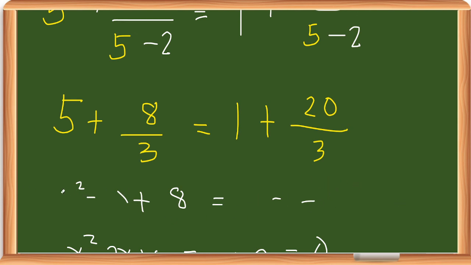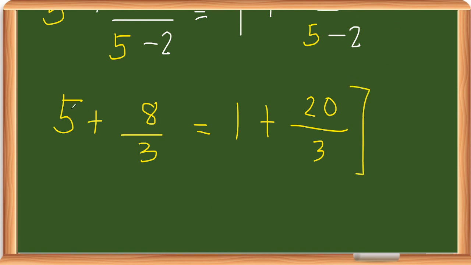Meron siyang denominator na 3, so multiply natin both sides by 3, para mas madali. No? So, we have 3 times 5 is 15. Tapos, 3 times 8 over 3, ma-eliminate na yung 3, 8 na lang.